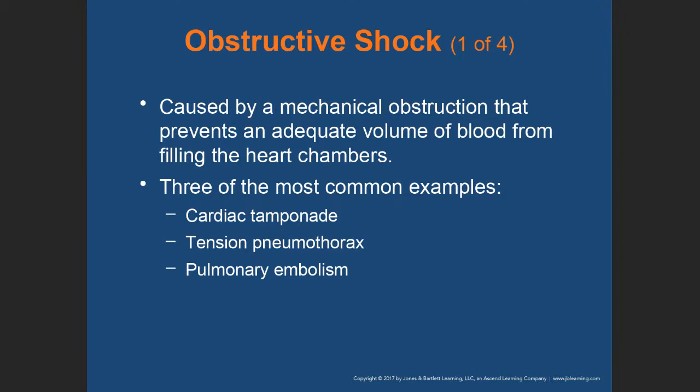There are three conditions that you need to be familiar with that can affect the movement of the heart. So the heart is not damaged, but something is affecting the ability of the heart to move and stretch properly. Now, the first condition is a cardiac tamponade.